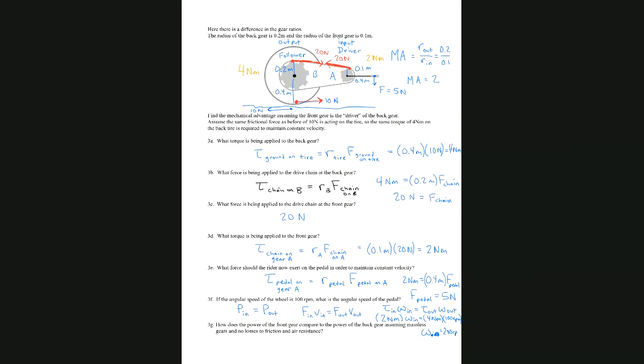So that's the trade-off, is yes, you get to push with less force, but you have to make more revolutions now. And so really no power or energy is gained here. The work that you do ends up being the same. So for 3G, the answer is same power.